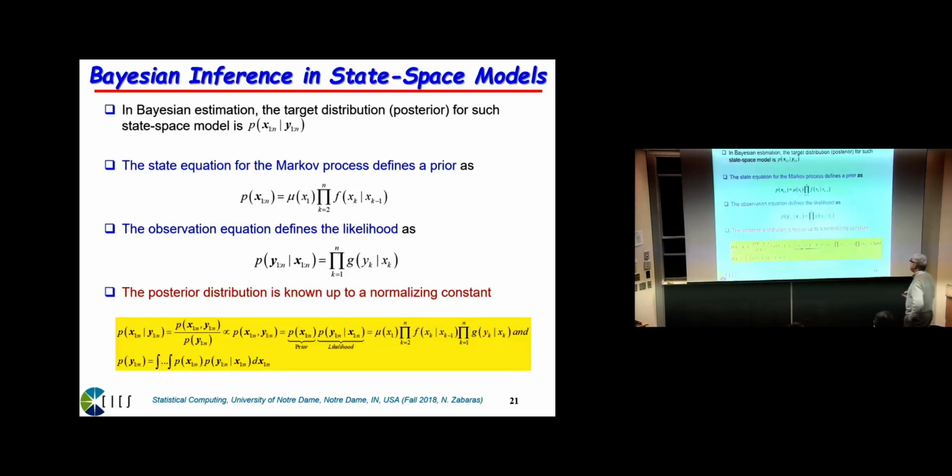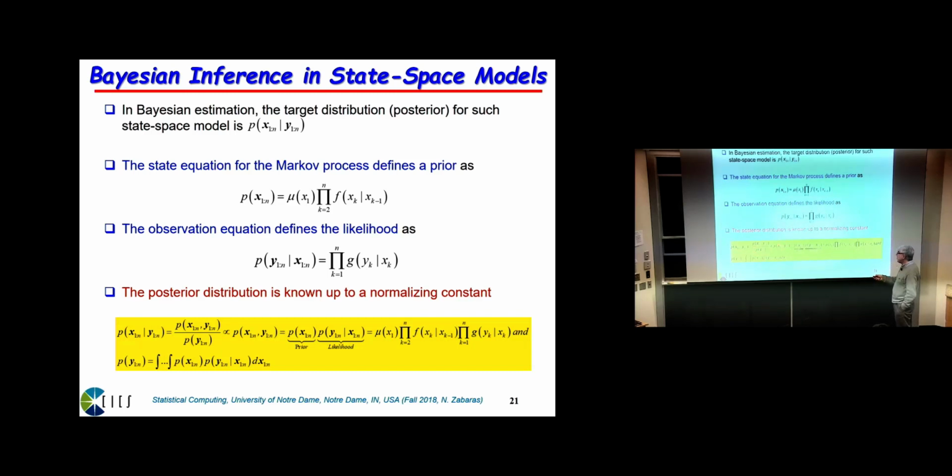All right. So this is the posterior we want to compute. If I use Bayes' rule, in essence, the unnormalized posterior is the joint probability of x1 to n and y1 to n, right? We don't really care about the denominator at this point yet.